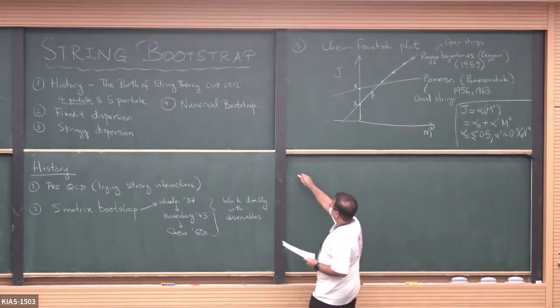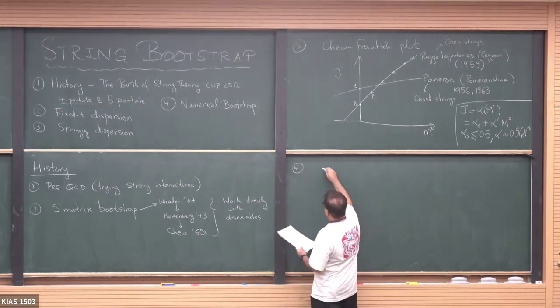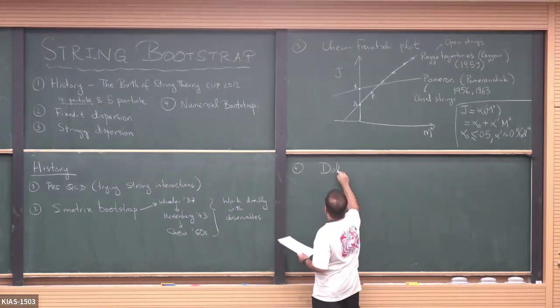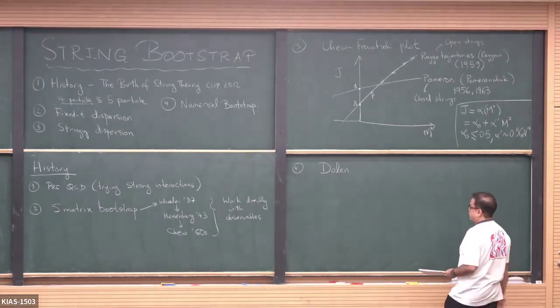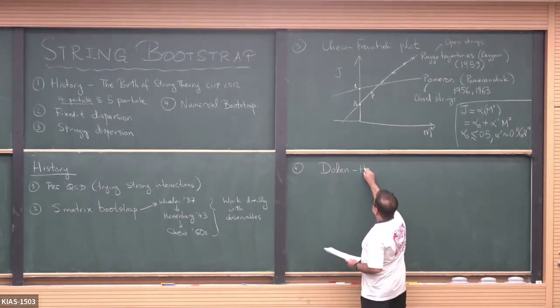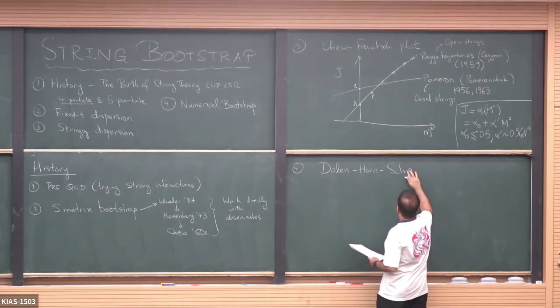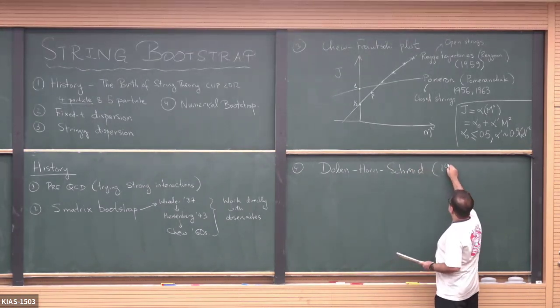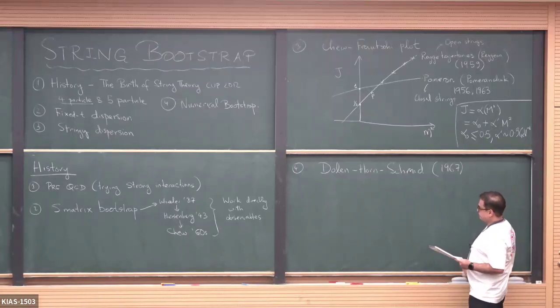And the other thing that was available was due to a famous paper. The origin of string theory can basically be attributed to this paper by Dolan, Horn, and Schmid. This is 1967. It was published in 1968.